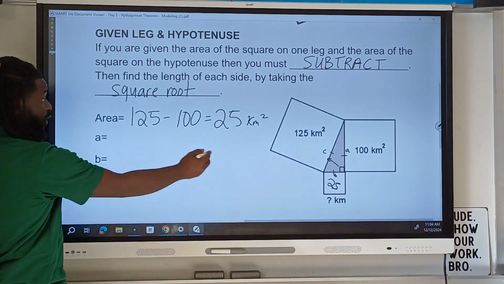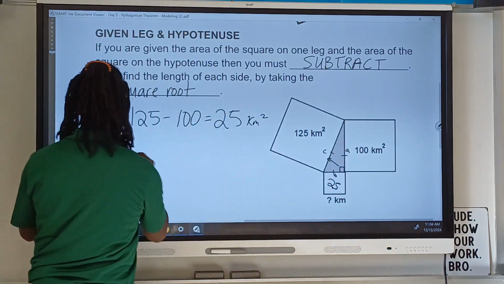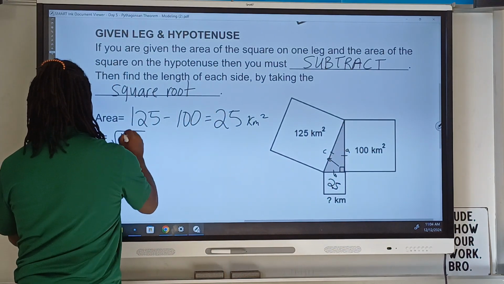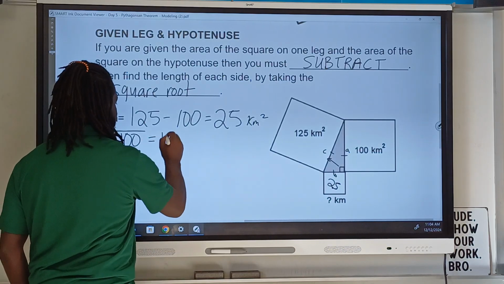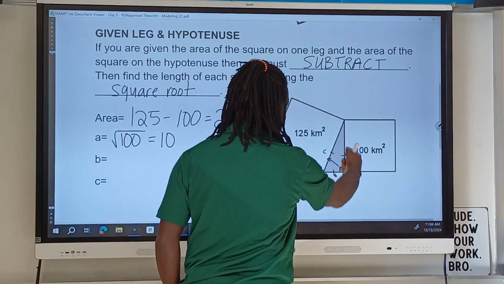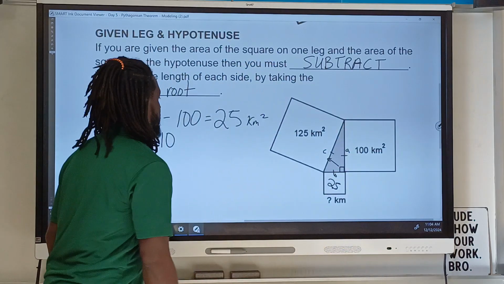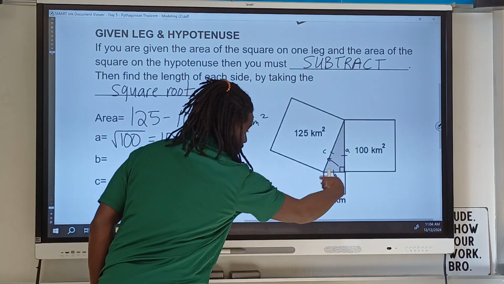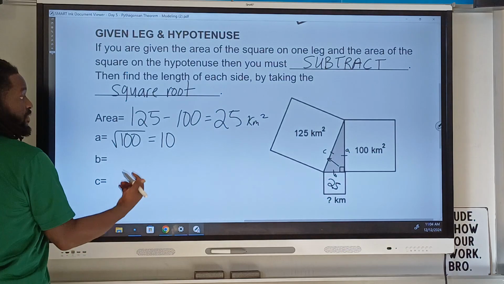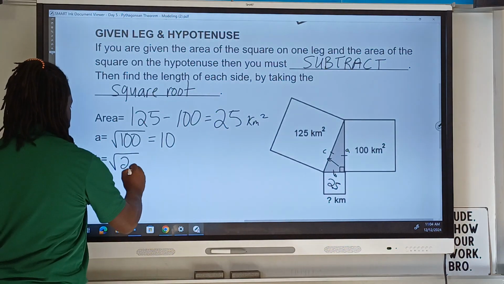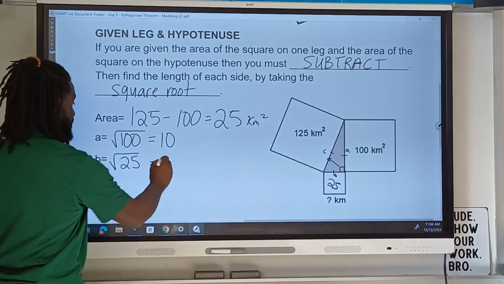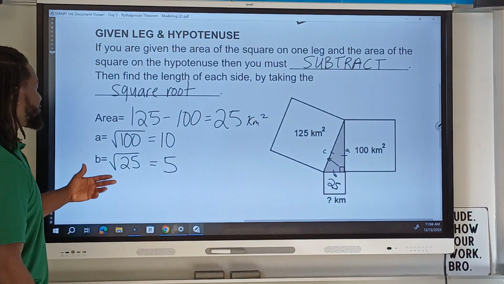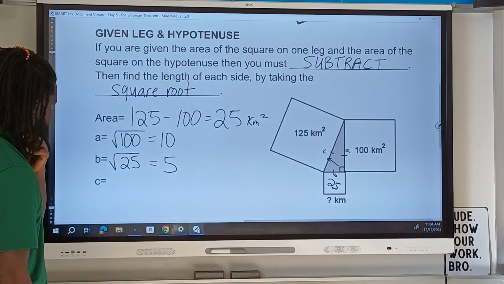So for A, I'm going to take the area and square root it. The square root of 100 gives me 10. So 10 is the length of this side. Then I'm going to take the area of the other leg, which is 25, and square root that. The square root of 25 equals 5. So the length of that side is 5.